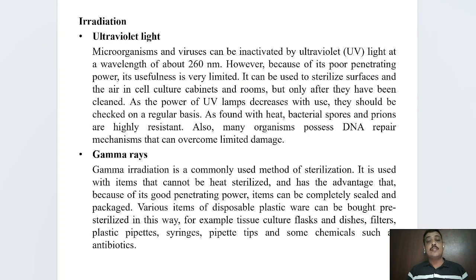So in today's class, we will be discussing in detail how the irradiation methodologies can be used to sterilize the materials that we will use for cell culture. So the frequently used type of radiation methodology to sterilize the materials used for cell cultures is going to be ultraviolet radiation, wherein the source for the ultraviolet is going to be a UV light basically.